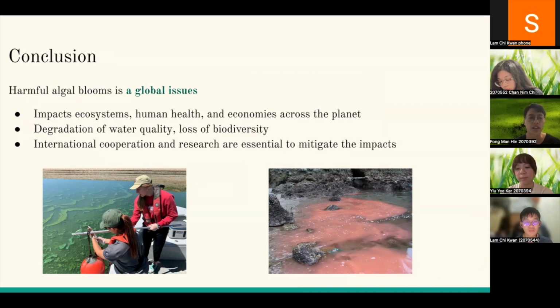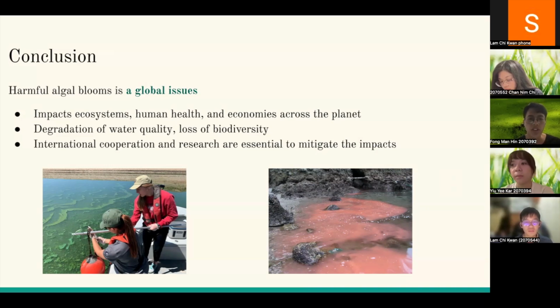The proliferation of harmful algal species is often driven by nutrient pollution, primarily from agricultural runoff and wastewater, exacerbated by climate change. These blooms can lead to the degradation of water quality, loss of biodiversity, and detrimental effects on fishers and tourists.